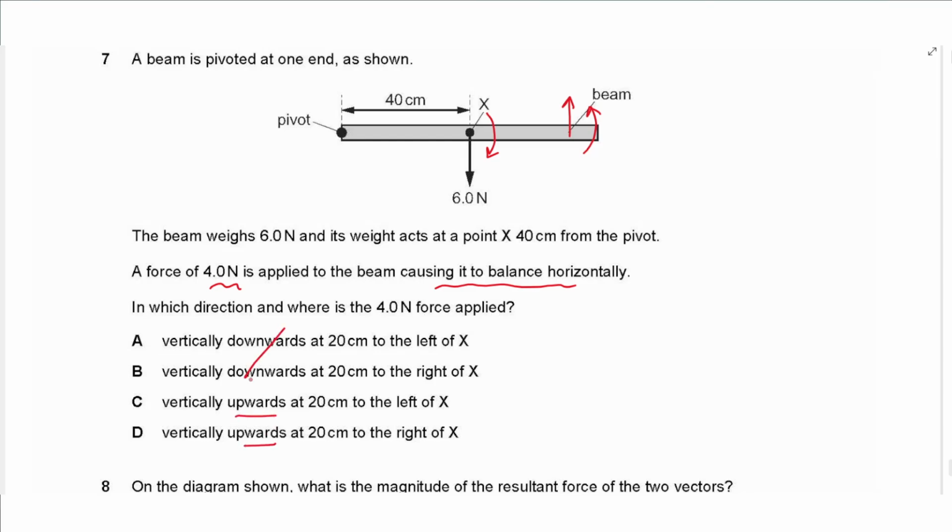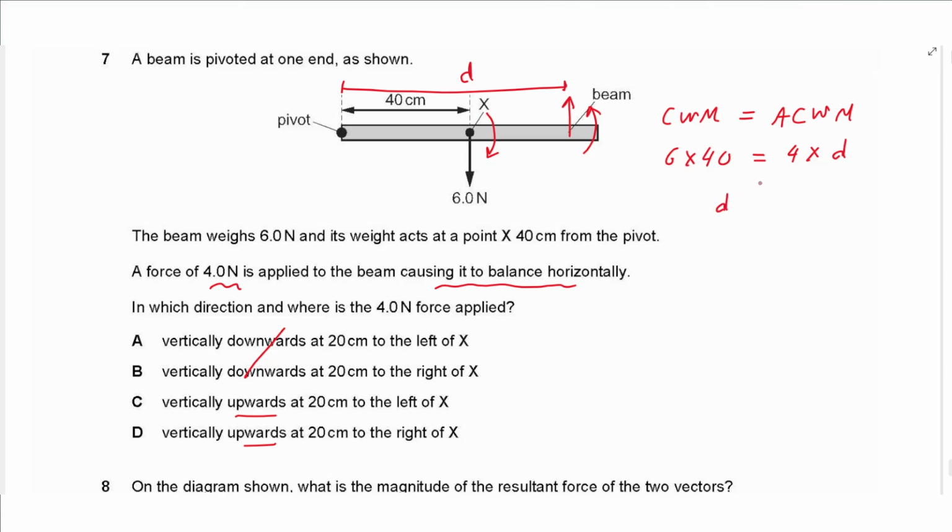So A and B are eliminated, and we can calculate the distance from the pivot using the principle of moments. Clockwise moments equal anti-clockwise moments. So 6 multiplied by 40 is equal to 4 multiplied by the distance from the pivot.